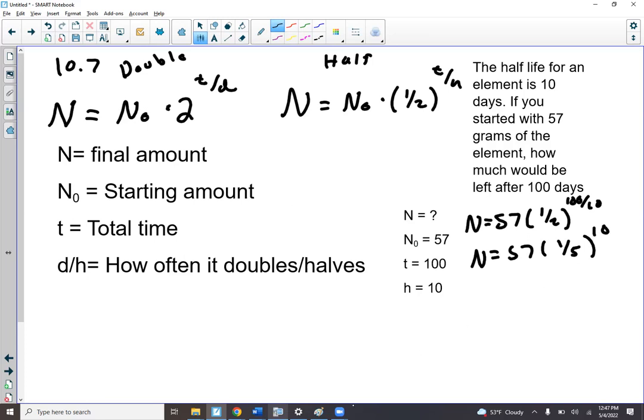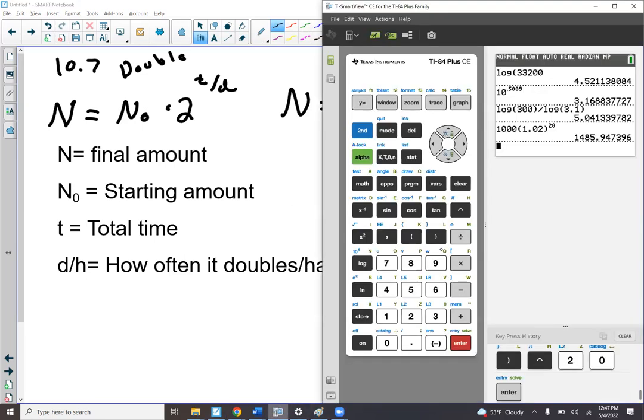From here, you could put it in your calculator. You could technically do half power 10th, but what I would do instead is do a half and then to the 10th power. So it'll be 57 times 0.5.